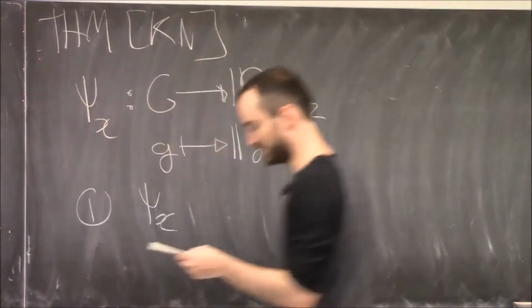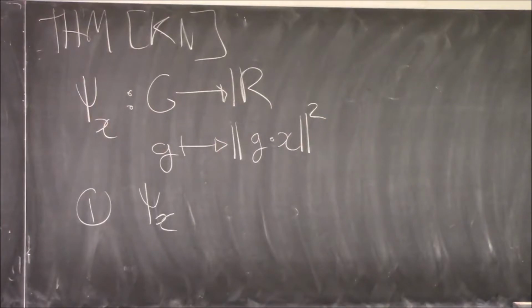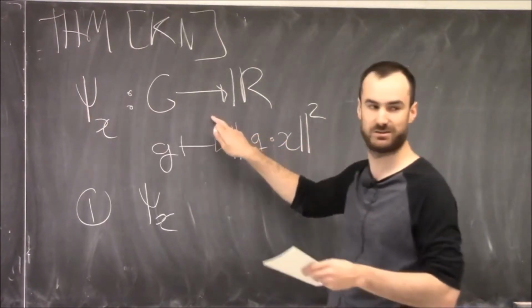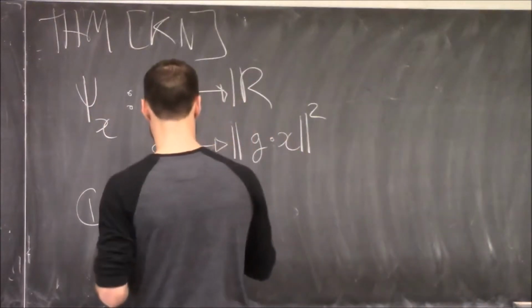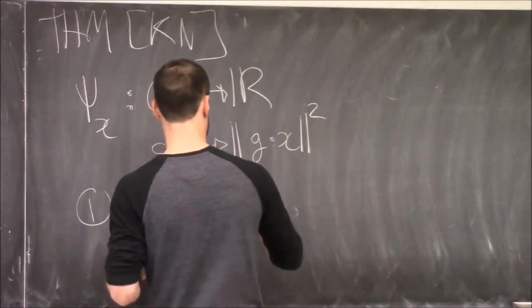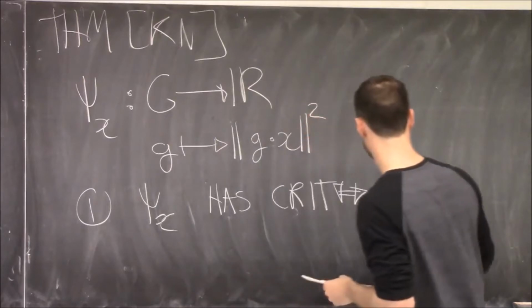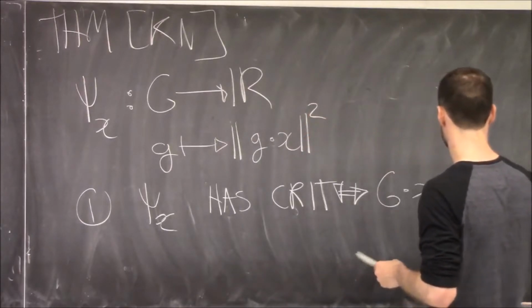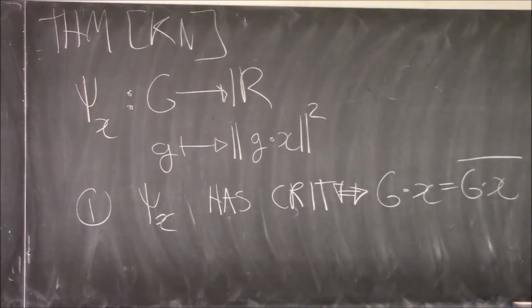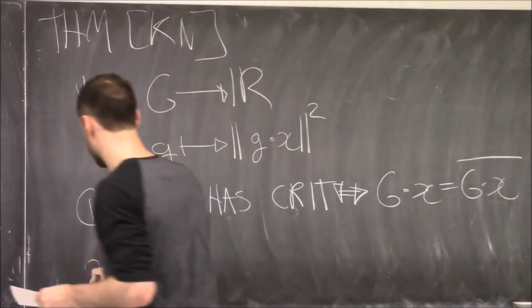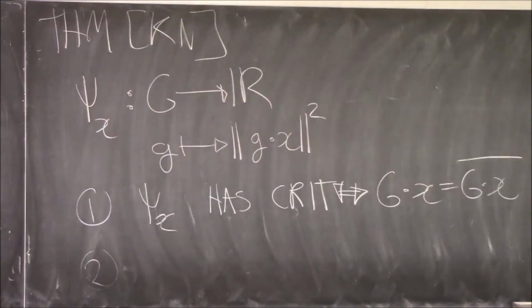You have a critical point if and only if the orbit is closed. So this functional is going to detect which orbits are closed. So pi_x has a critical point if and only if g·x equals the closure of g·x. And the second thing is that all critical points are minima. So these functions are convex.